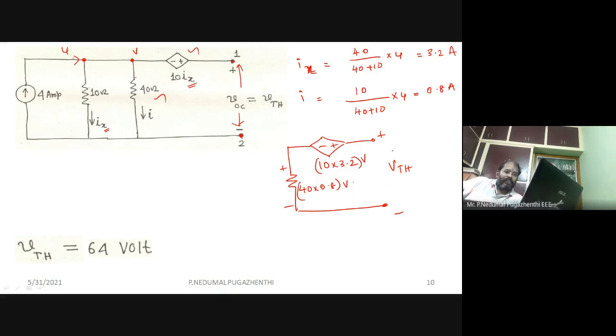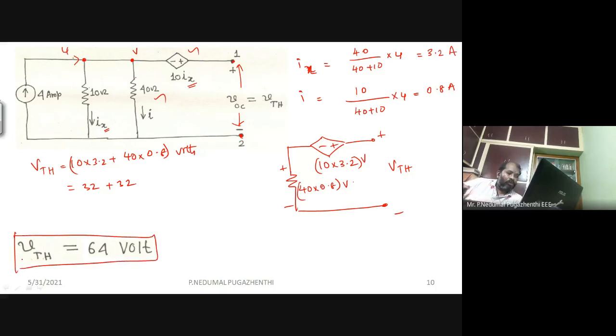So what is V Thevenin? V Thevenin is the addition of these two. Am I right or not? Okay. So V Thevenin is equal to 10 into 3.2 plus 40 into 0.8 volts. So this is going to be 32 and this is also going to be 32. So V Thevenin is equal to 64. Is that clear?